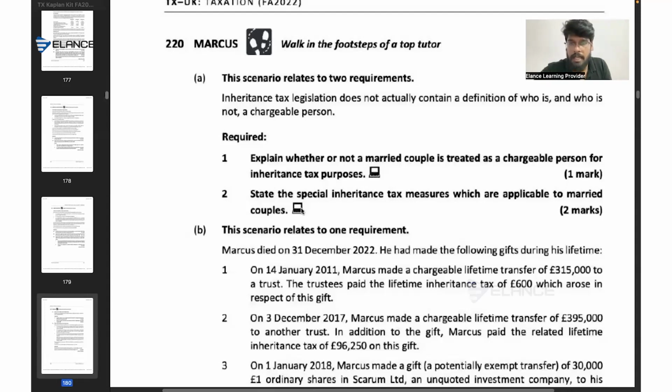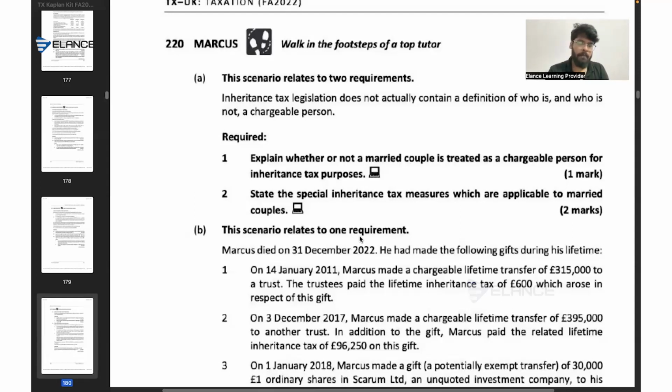Look at the second requirement. It is also a general question: state the special inheritance tax measures which are applicable to married couples. In the IHT rules, all transfers between married couples are exempted, whether lifetime transfers, death transfers or death estate transfers.